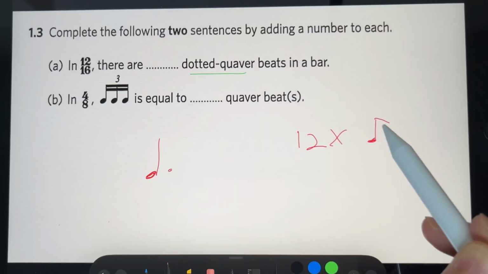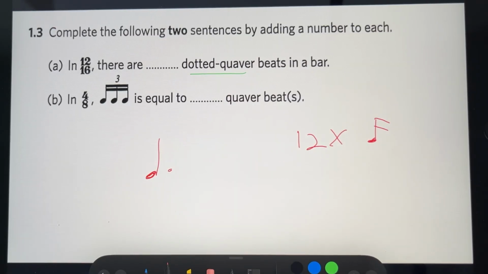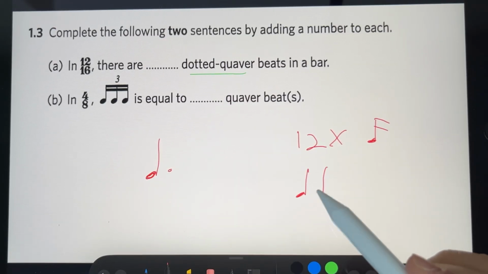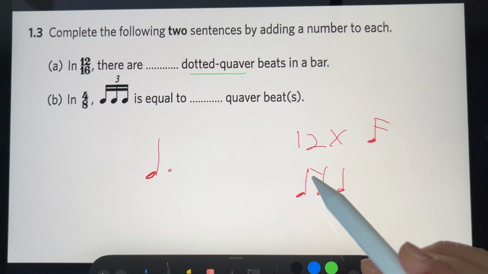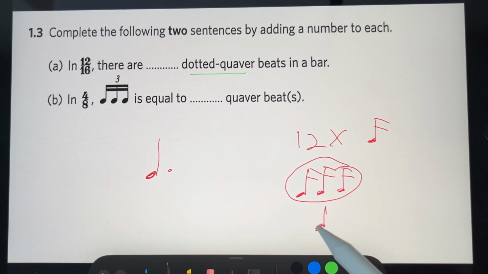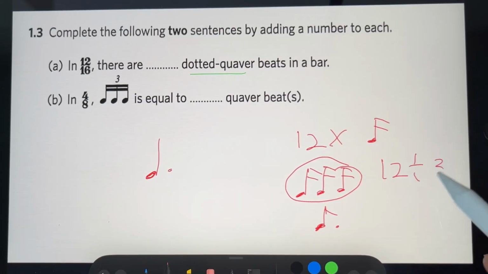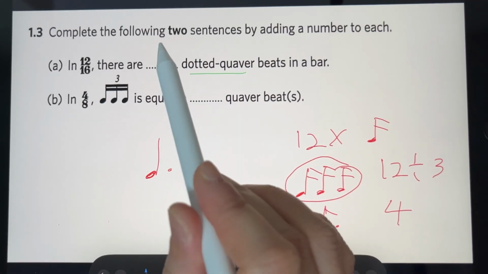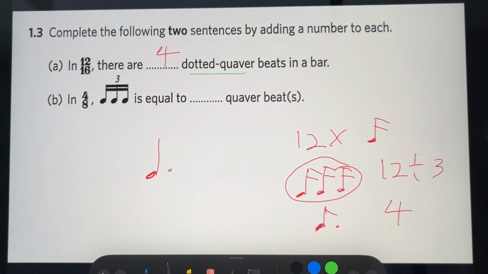The semiquavers. So in semiquavers, I have 3 in a group, and when I have 3 in a group it becomes a dotted quaver. So 12 divided by 3 is 4. So the answer will be 4 dotted quavers.